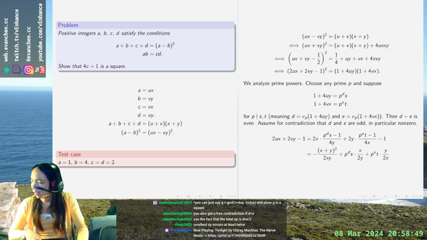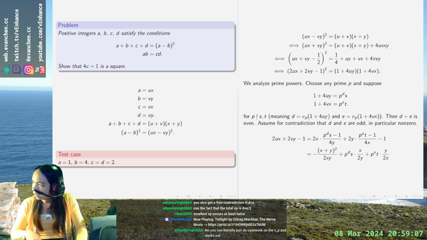If D equals E, I think I need a claim that S times x over 2y plus y t times y over 2x is divisible by... So can you chase it, does it work out?